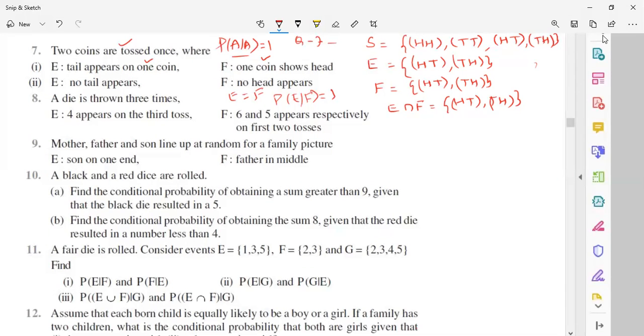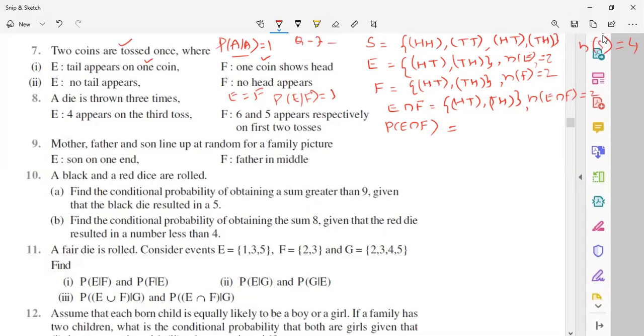So we have to find the probability of E intersection F first. The number of favorable cases of E intersection F is equal to 2. Number of cases favorable to F is 2. Number of favorable cases to event E is also 2. Total number of cases, n(S), total possible cases are 4.